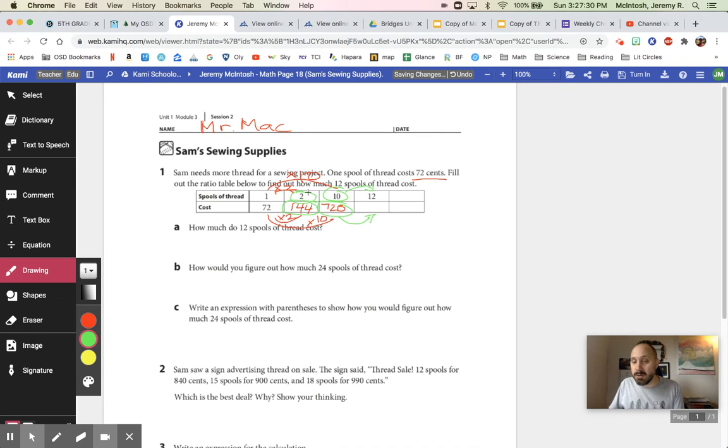Remember, the ratio, you'll do the same thing from the top to the bottom. When I'm adding the spools of thread, which would be 10 plus 2 is 12, I'm not adding 12 here. I'm adding the costs of 2 spools and 10 spools, which is 144 and 720. I'm going to let you figure that out, but I just want to show you.